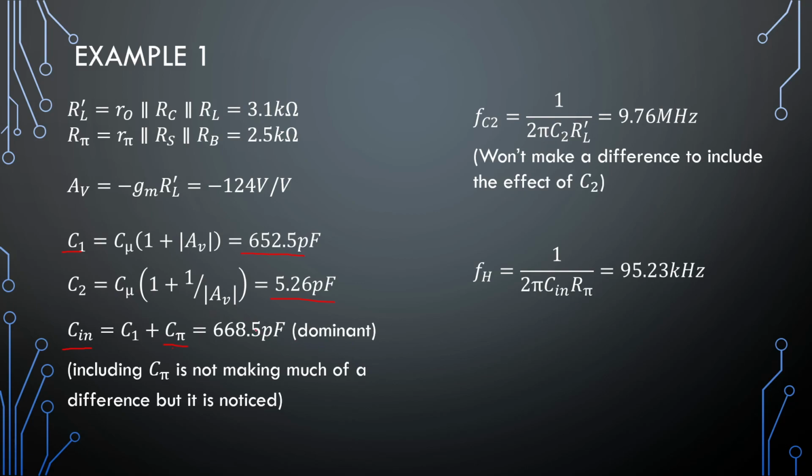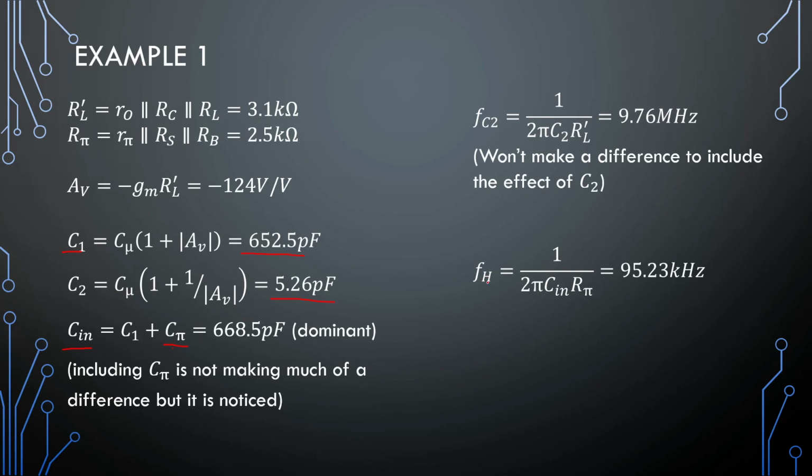Okay, this is the largest capacitance and the largest, these two resistors are kind of equivalent. So basically this cap with this resistor will make the largest difference in our frequency.